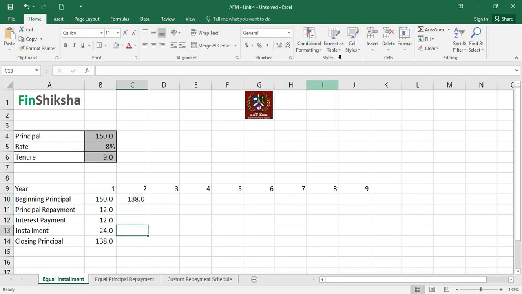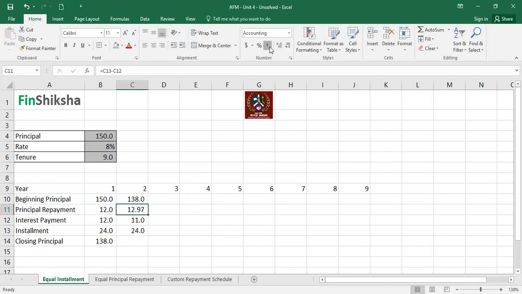And since we have equated installments, the installment would remain the same. The installment remains the same, correct? Interest payment will change because interest payment is now 8% of 138 crore. The principal is lower. The principal payment will be the difference of 24 minus 11, correct?